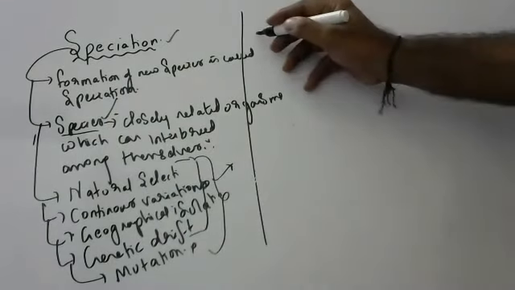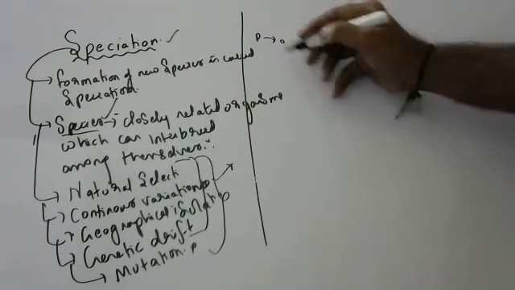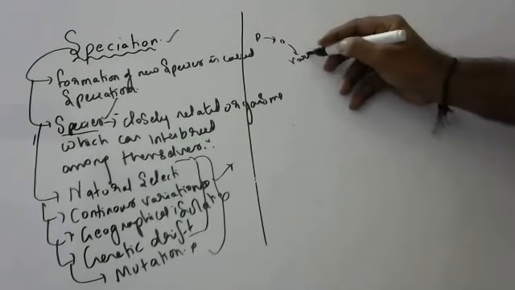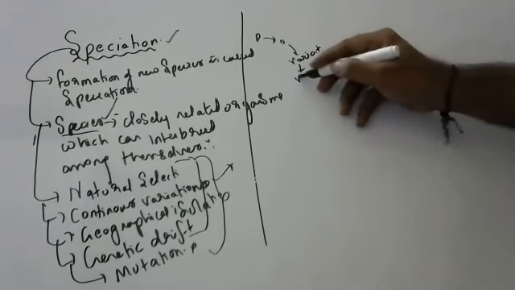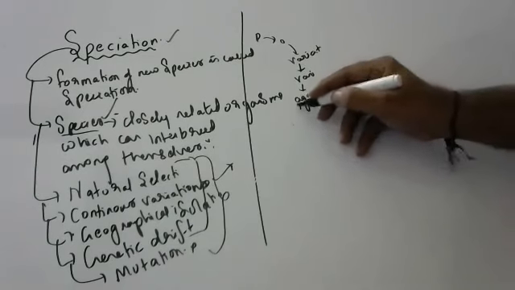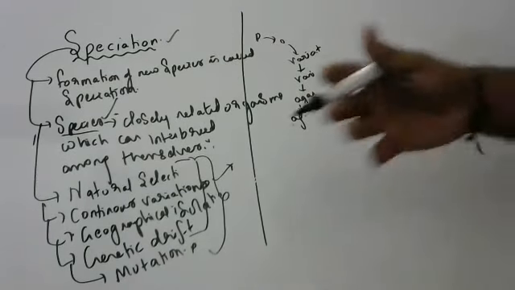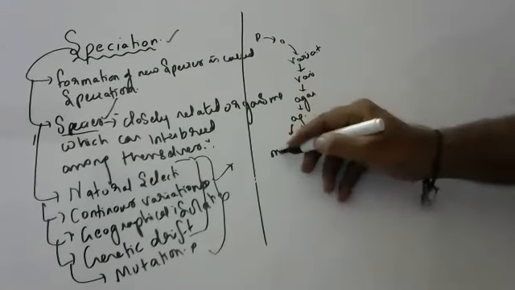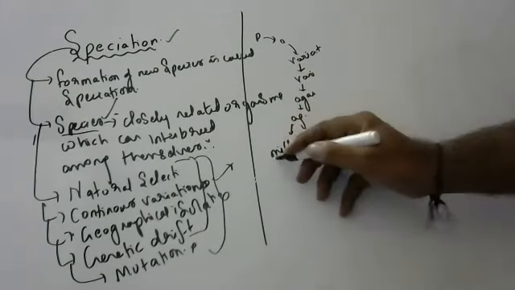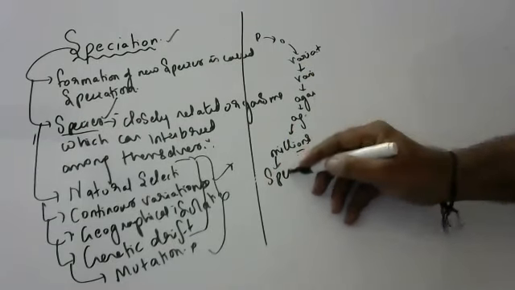Okay, children. I told you parents give rise to offsprings. Offsprings won't look the same. They will have some variations. Like that, every generation variation keeps on appearing again and again. Slowly, after millions of years, one day a new species may come.